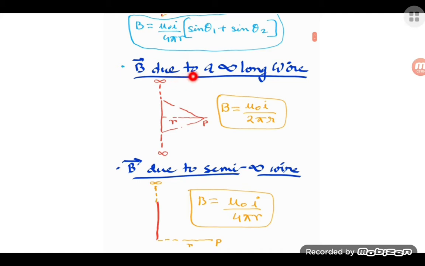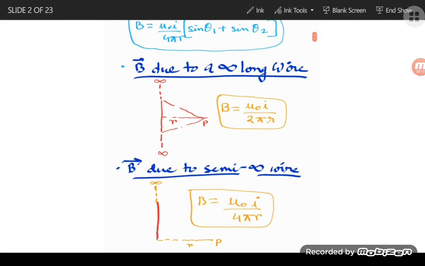Next, B due to an infinite long wire. For infinite, this formula need not be remembered. You can remember it, but it's better to think this way: since this is infinity, taking this angle as theta 1 and this angle as theta 2, it is meeting at infinity.